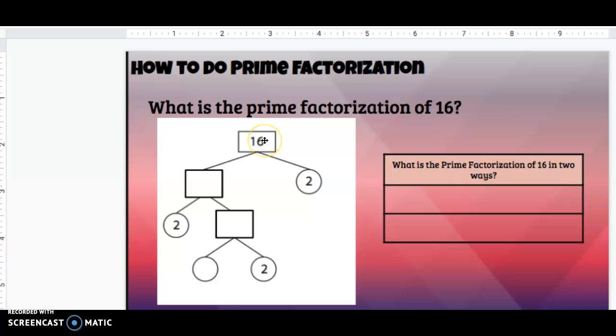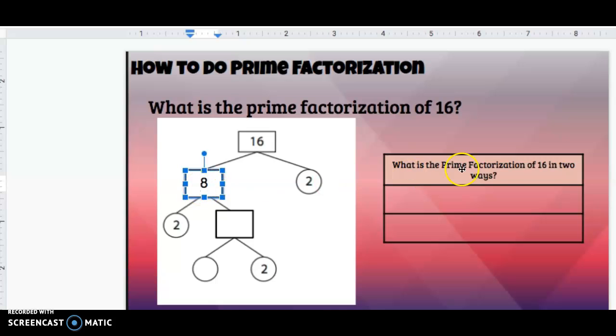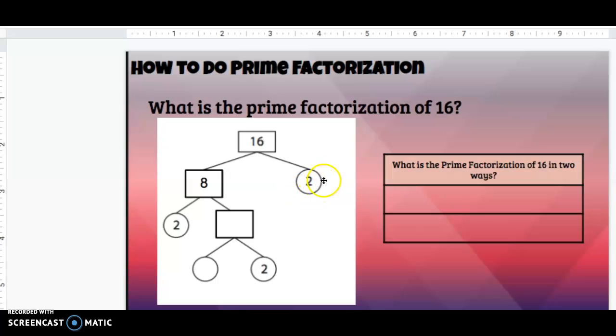So we have to find the prime factorization of 16, okay? And they're giving us 2. So we have to figure out 2 times what gives me 16. I'm going to put 8, because 8 times 2 is 16. Now, I put a circle around the 2.